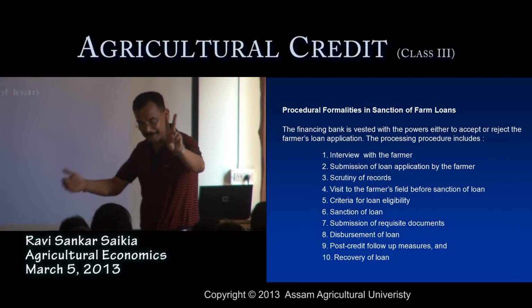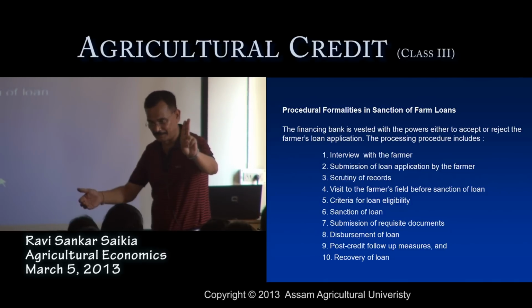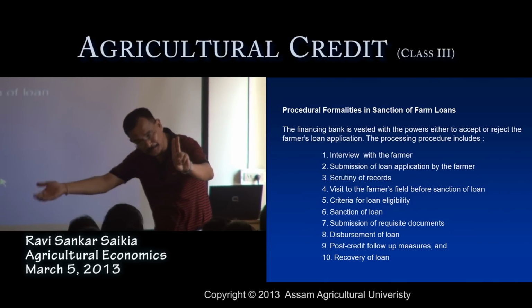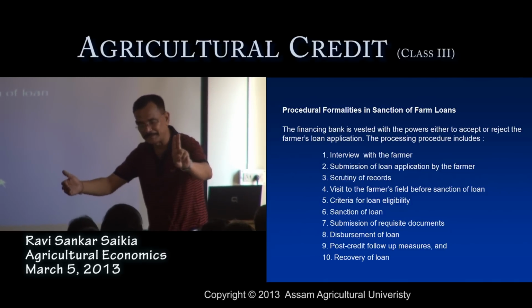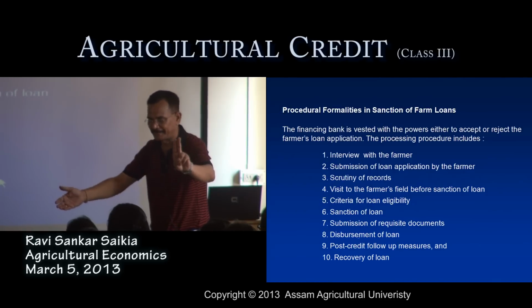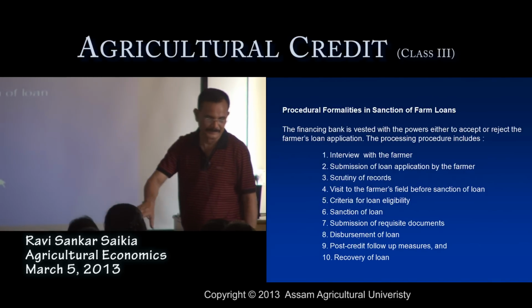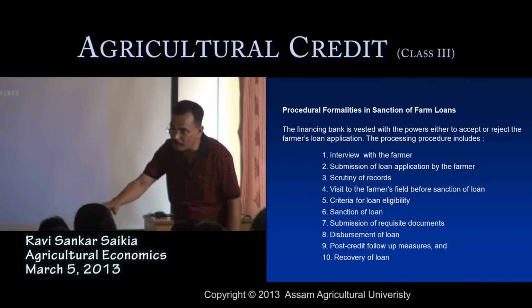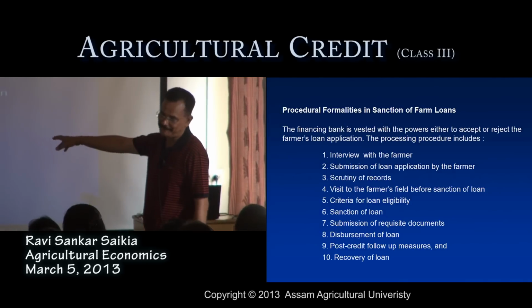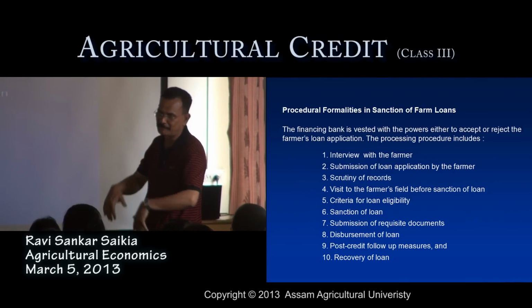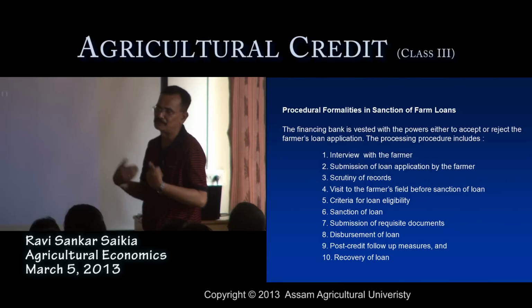They may sanction but not disburse. They give the sanction paper to the farmers saying your loan is sanctioned. Then the farmers are informed to submit all the required documents, that is the land papers and all these things, to us.